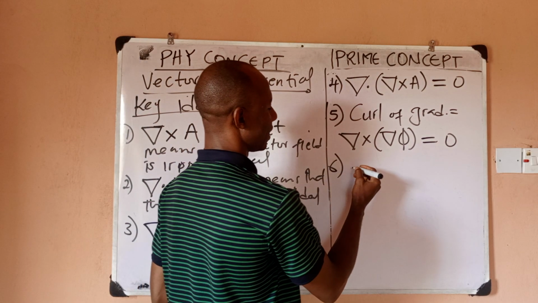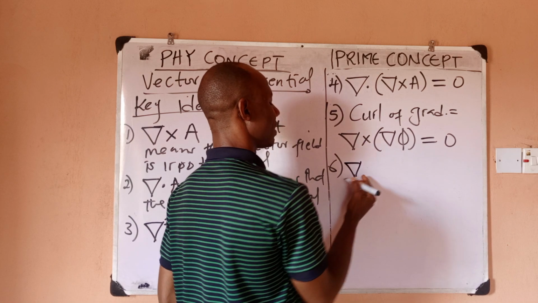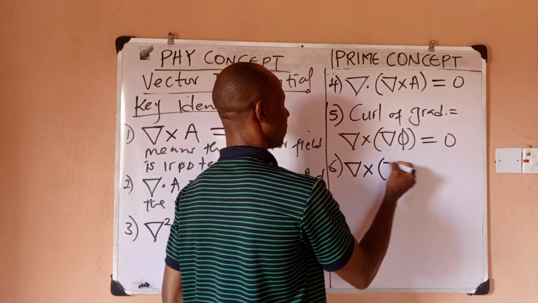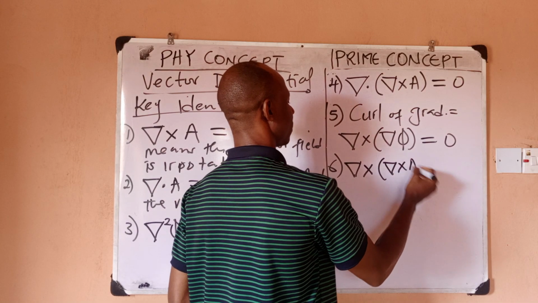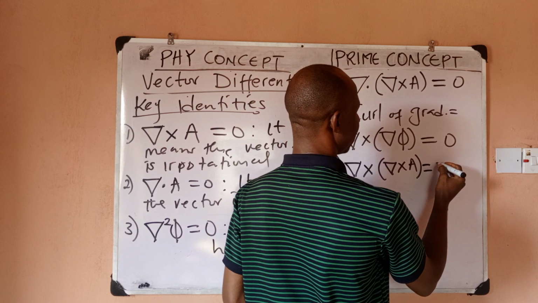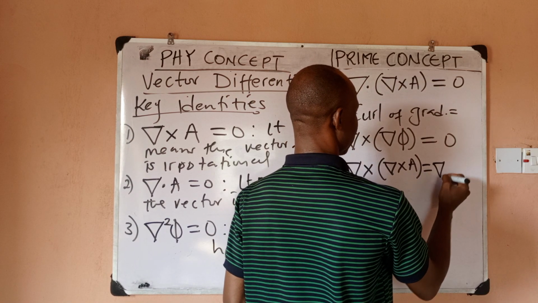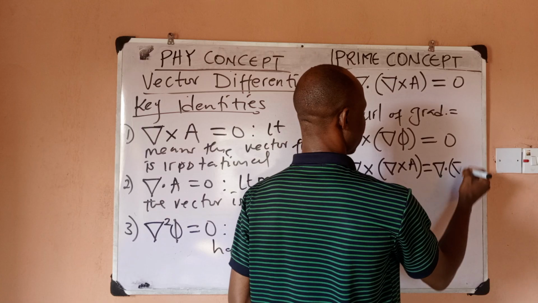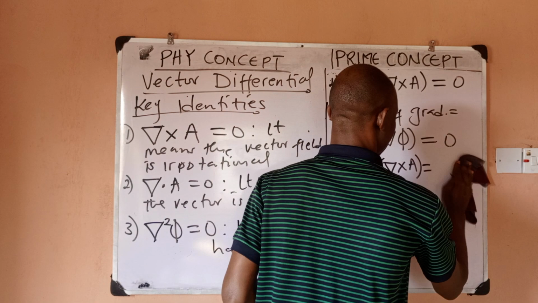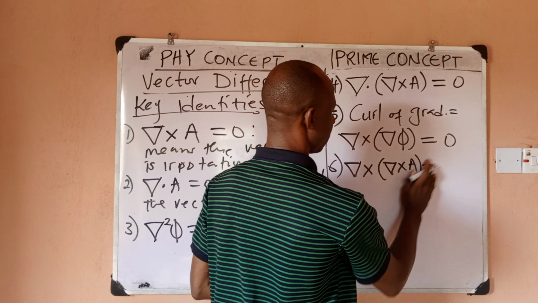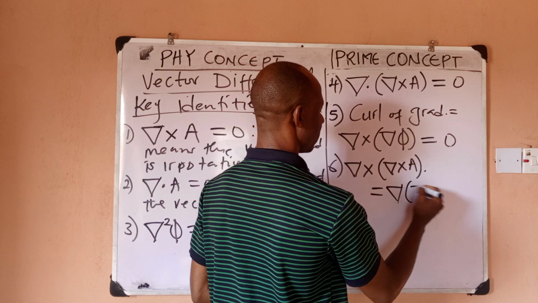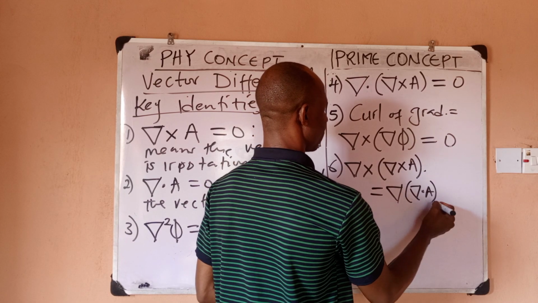So we have the identity, this vector triple product, we have this cross this. This is actually equal to, let me write it here, it's going to be equal to the gradient of divergence, right?